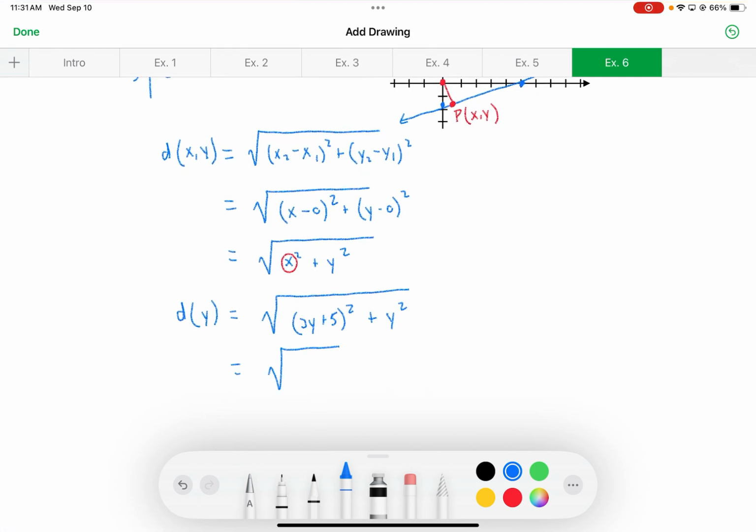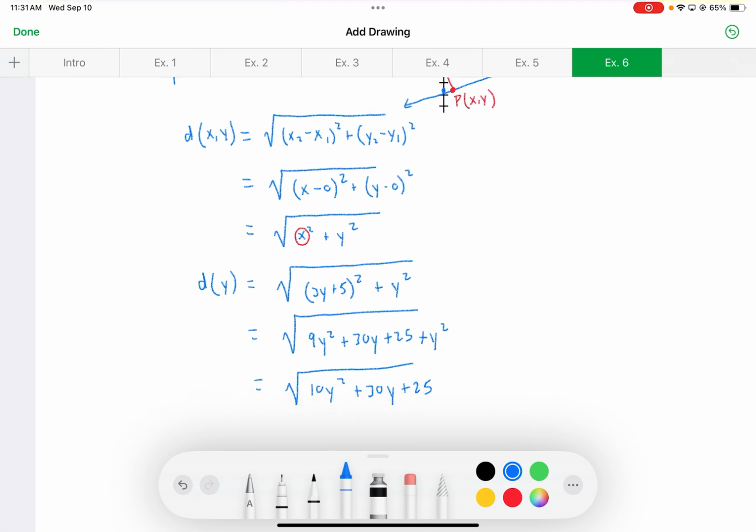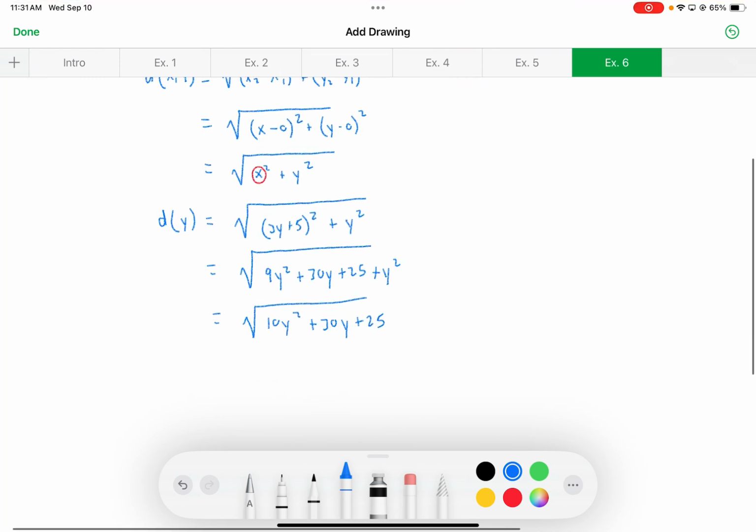I'm going to simplify that. So that's 9y squared plus 30y plus 25 plus the other y squared, or 10y squared plus 30y plus 25. Good so far?